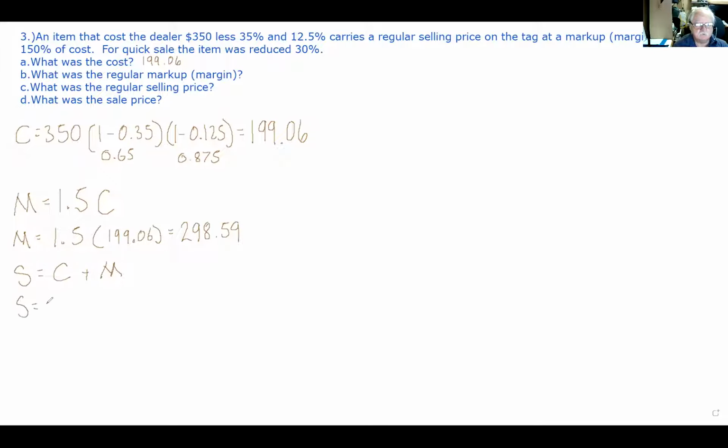So S equals 199.06 plus 298.59. So I see a bunch of answers in there and I'll try to catch up. 497.65 looks to be good.